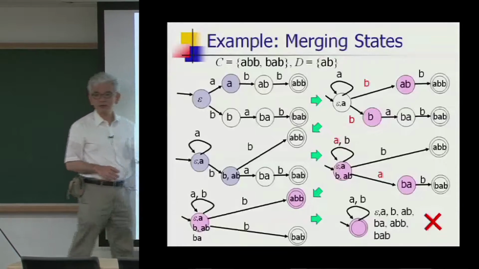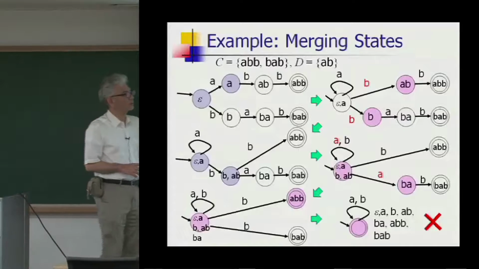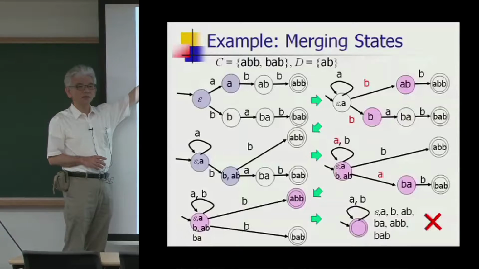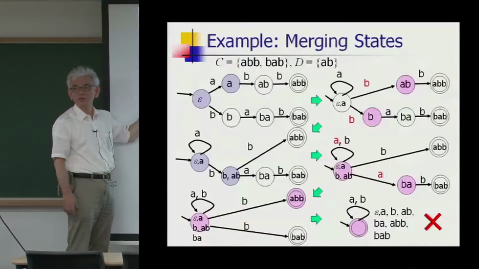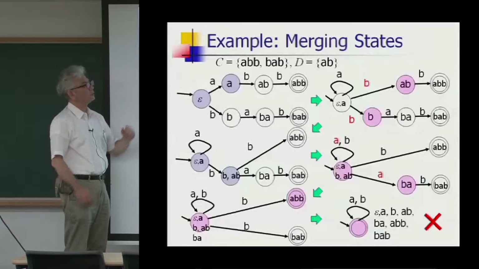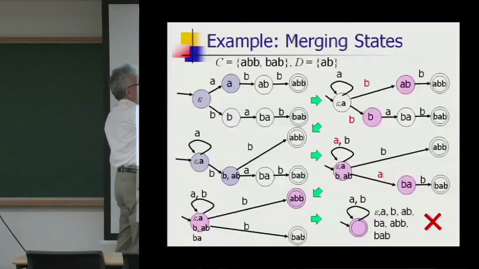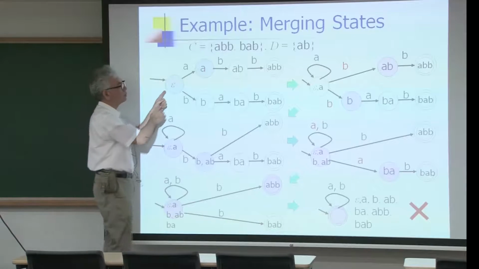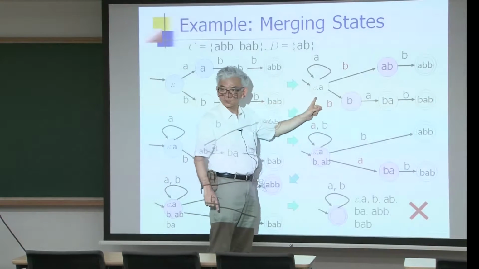And this automaton just accepts positive examples only. But this automaton is overfitting to the examples, so we have to generalize it. In order to generalize the automaton, we merge two states into one. Okay? So if we merge these two states into one, then we get this automaton.